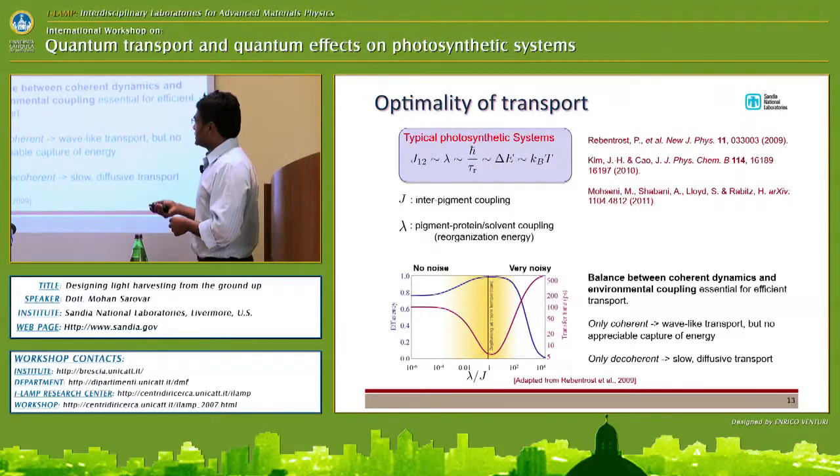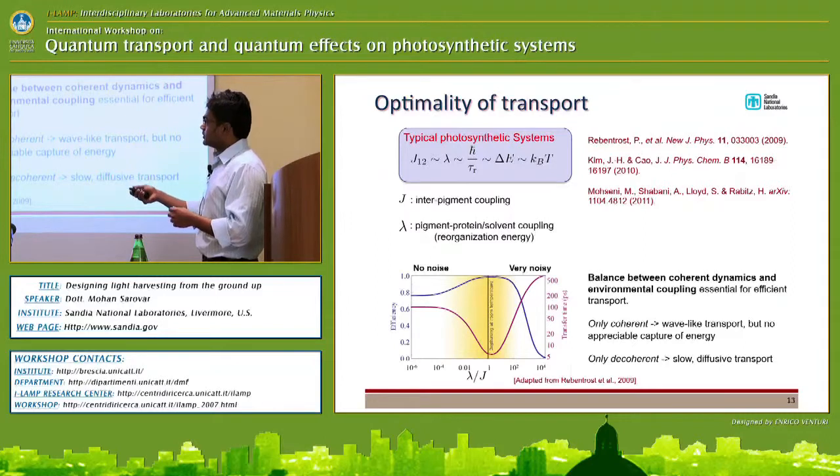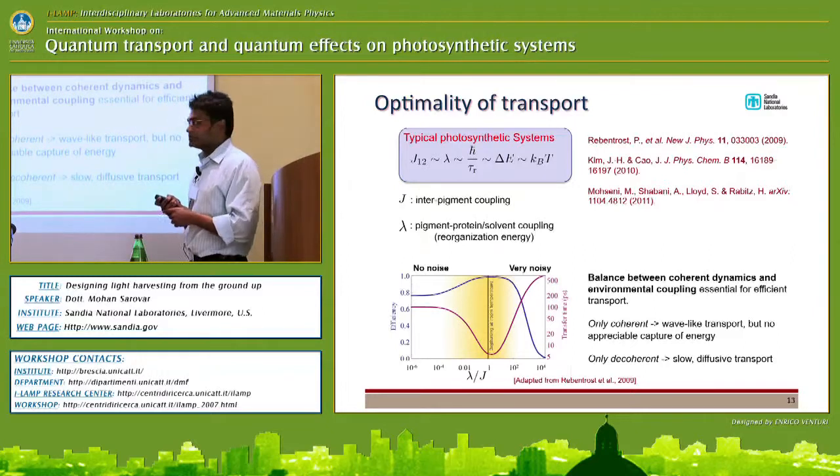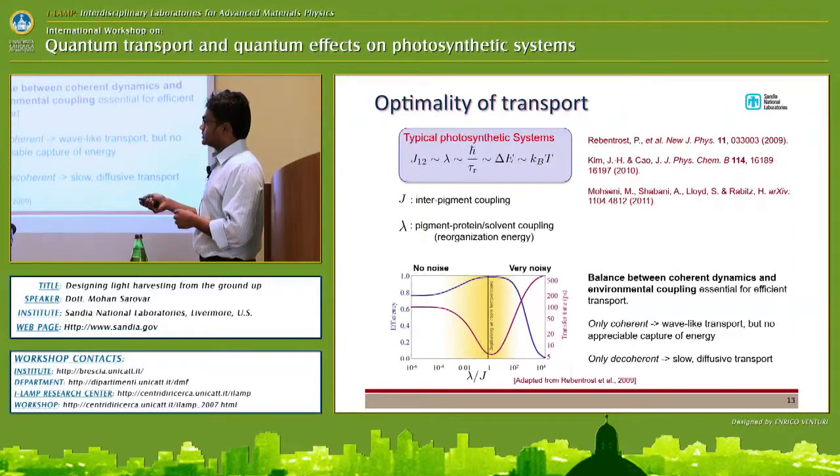And so I think this is nicely summarized by this early paper from Alain and Spiroguzuk's group, where they showed, okay, so this is just looking at one of these parameters. So it's this ratio lambda on J, so the coupling to the protein environment divided by the coherent coupling between the pigments. That's on the x-axis here. And on the y-axis is efficiency. Let's just look at the blue curve, which is efficiency.